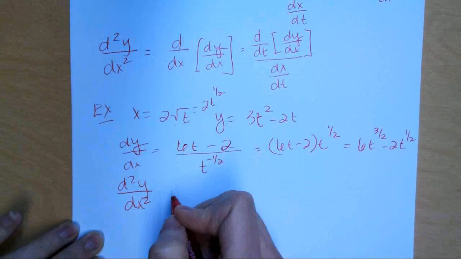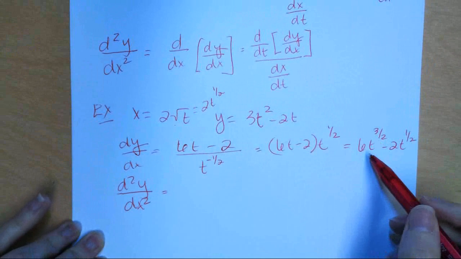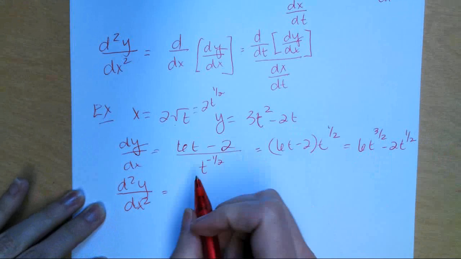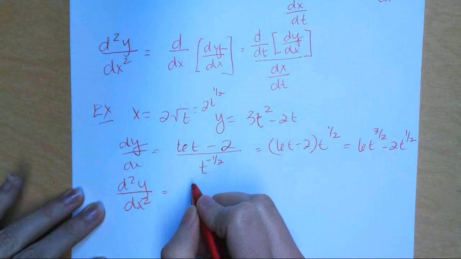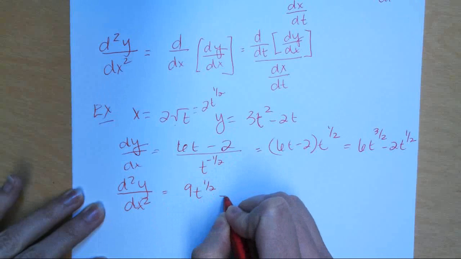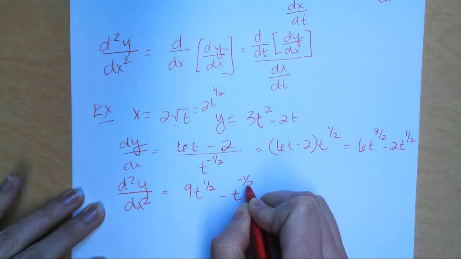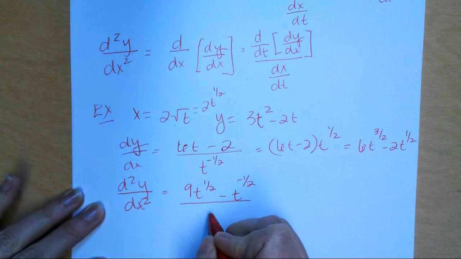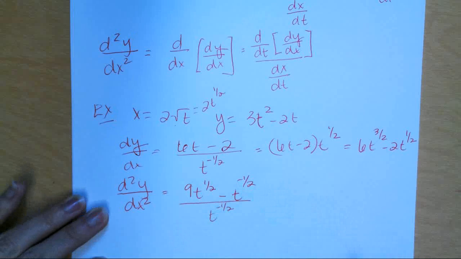Okay, second derivative. It's going to be the derivative of this divided by dx dt. So the derivative of this is going to be what? 6 times 3/2 is 9t to the 1/2 minus t to the negative 1/2, divided by dx dt, which was t to the negative 1/2.